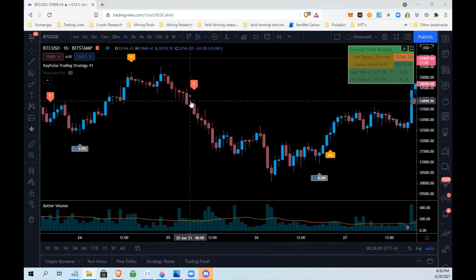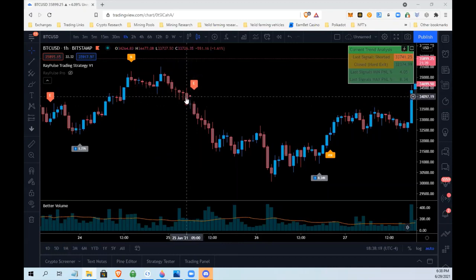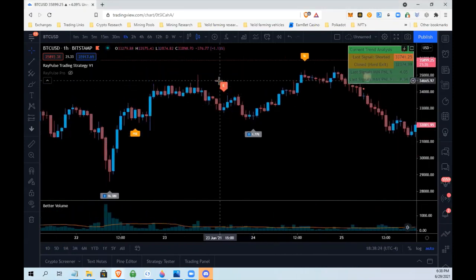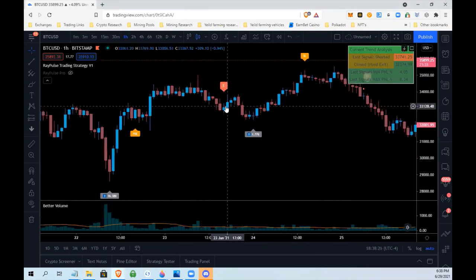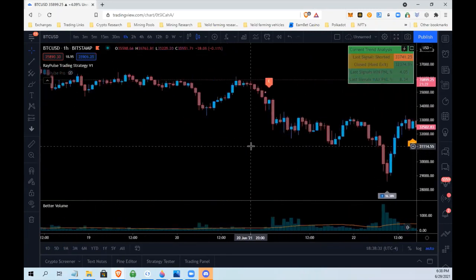So sometimes you'll see these green or red dots before a signal is printed. What these show is that some but not all of the criteria are met for a signal. So it's kind of a pre-warning that a signal may be coming. Not all signals will show a green or a red dot. If all the criteria are met pretty fast, then you won't see a dot to give you a warning that that signal is coming.